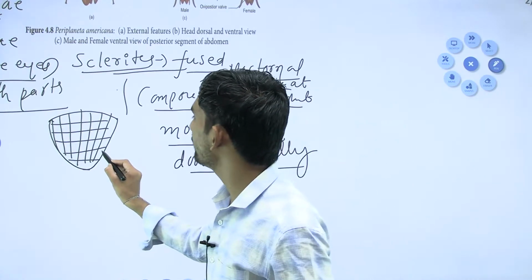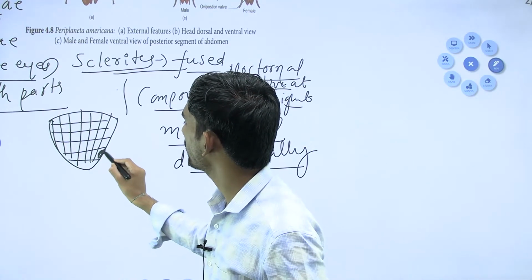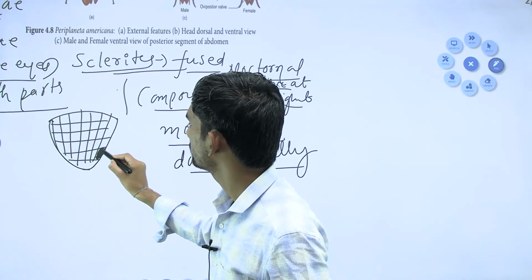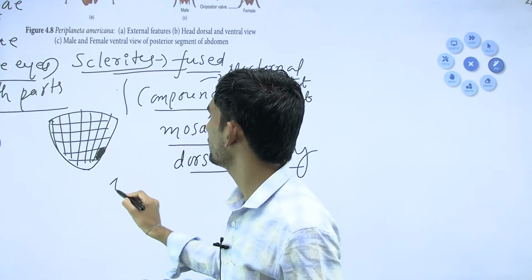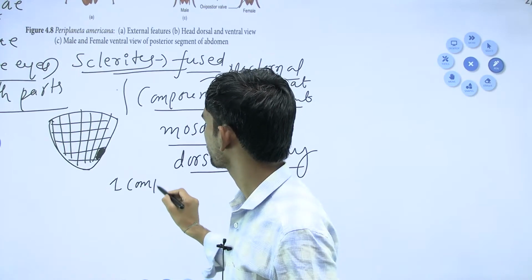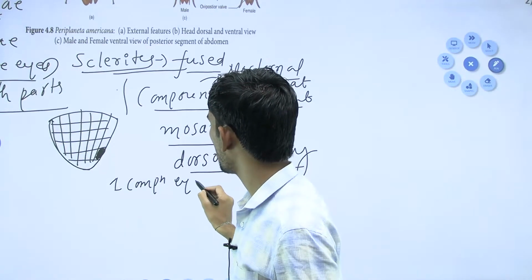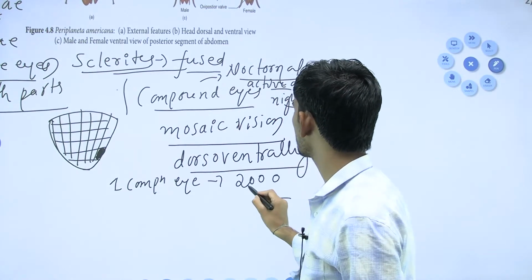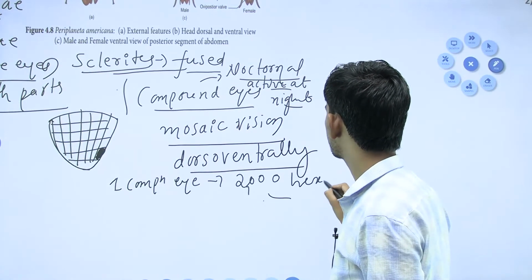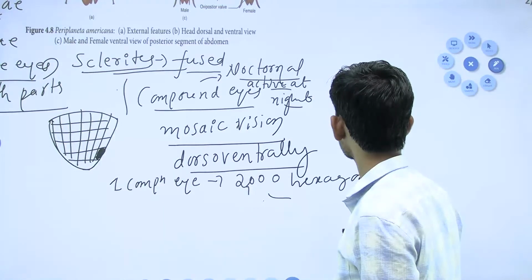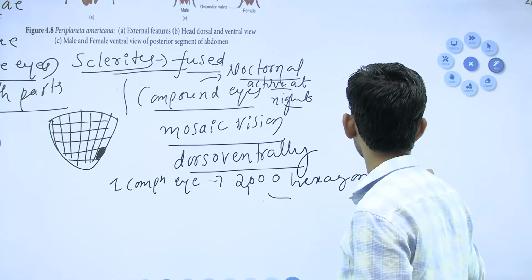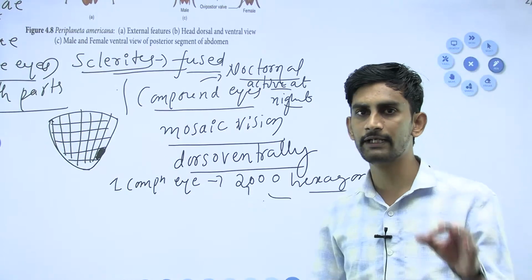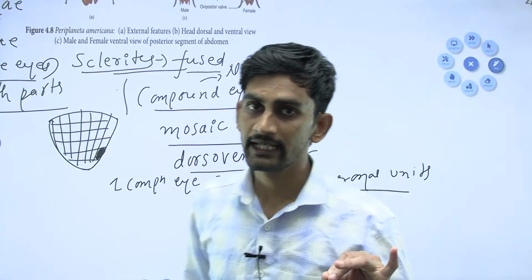These individual units, what I am marking, are individual units. In one compound eye there are usually more than 2000 hexagonal units. It means that in one triangle-shaped compound eye you are finding more than 2000 hexagonal units.